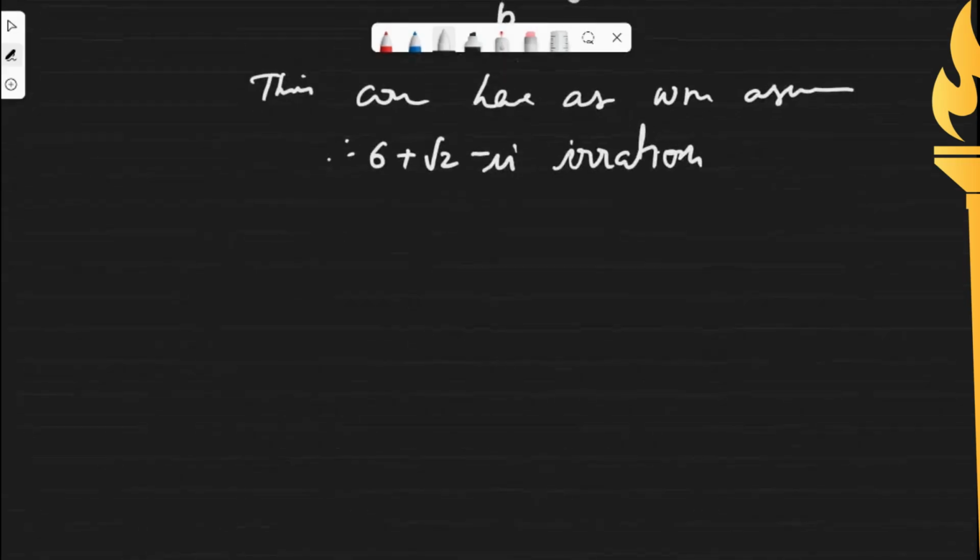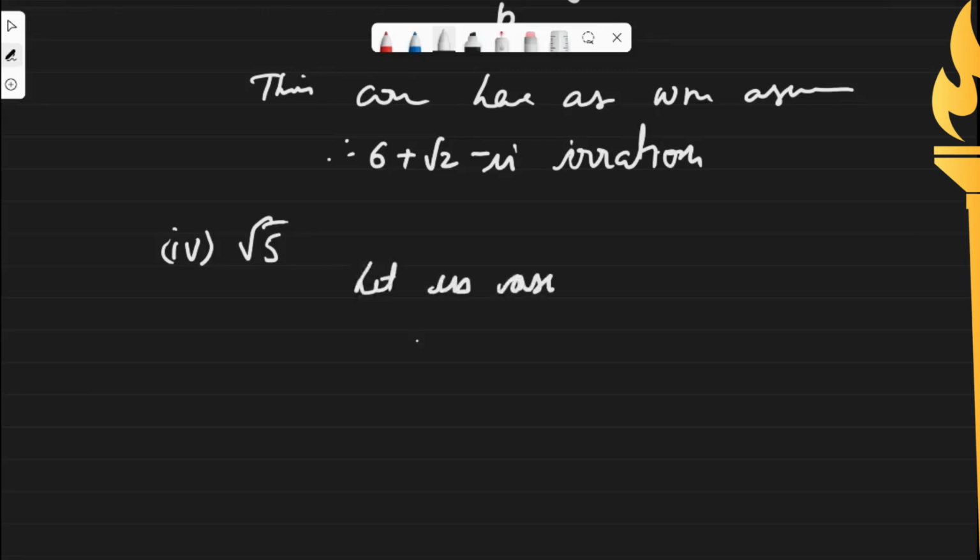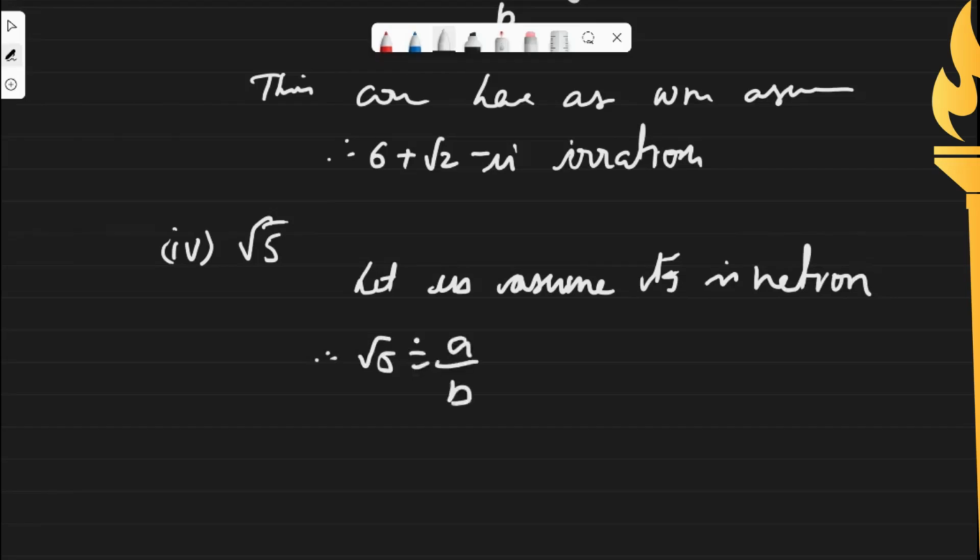Unlike the first, second and third, the fourth one, which is root 5, we have to prove root 5 is an irrational number, which is a little bit hard but easy otherwise. So again, let us assume root 5 is rational. Therefore, root 5 will be equal to a by b, where a and b are integers and co-primes.